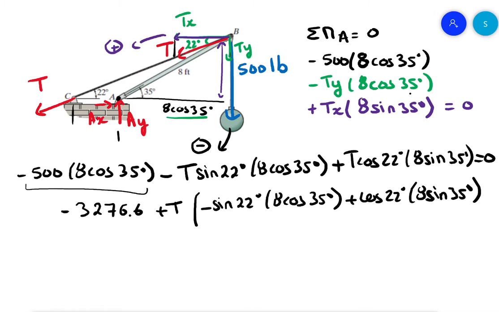Instead of equal to 0, let's put this equal with the sign inverted. So T is equal to this divided by all this term.